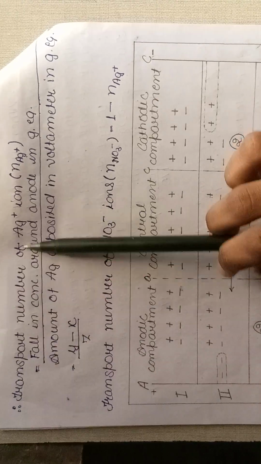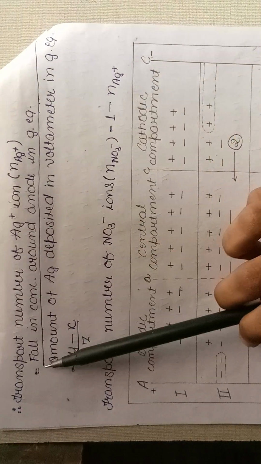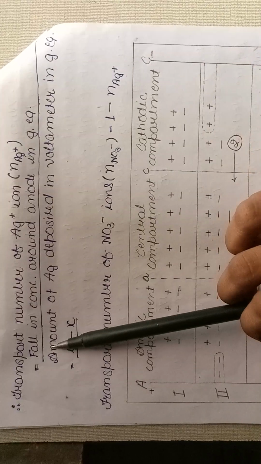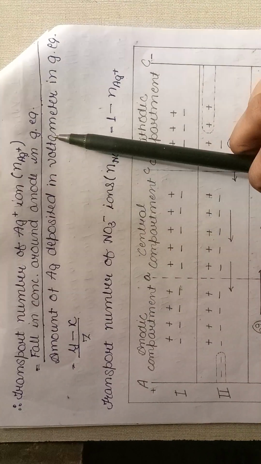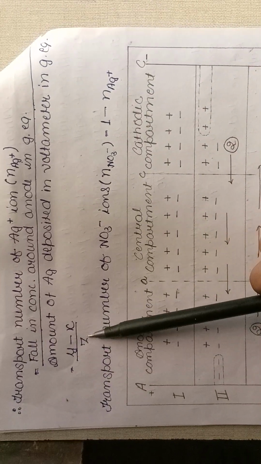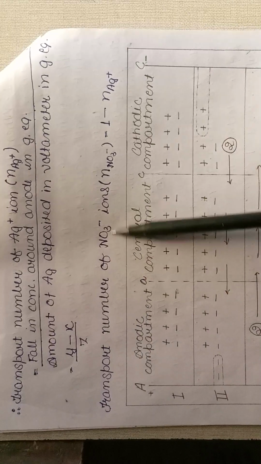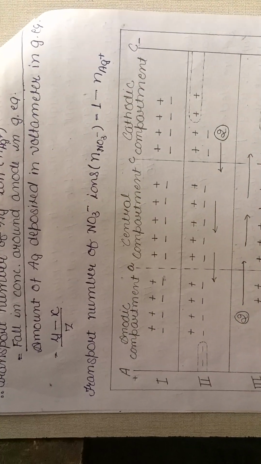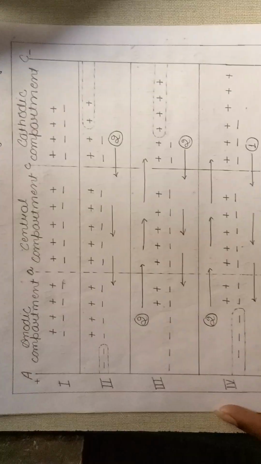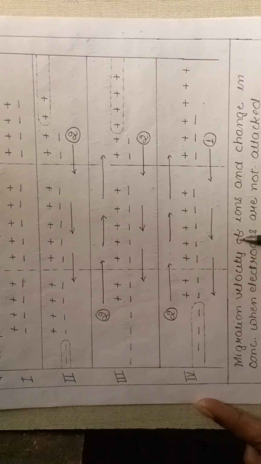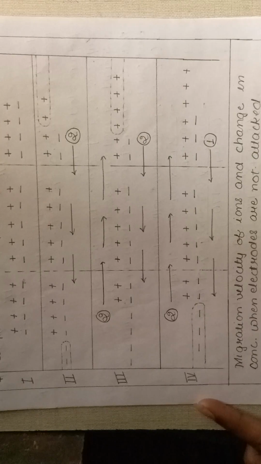Therefore, the transport number of Ag positive ion is equal to the fallen concentration around the anode in gram equivalent divided by the amount of Ag deposited in the voltmeter in gram equivalent, which is equal to Y minus X divided by Z. So, the transport number of NO3 negative ions is equal to 1 minus the transport number of Ag positive.